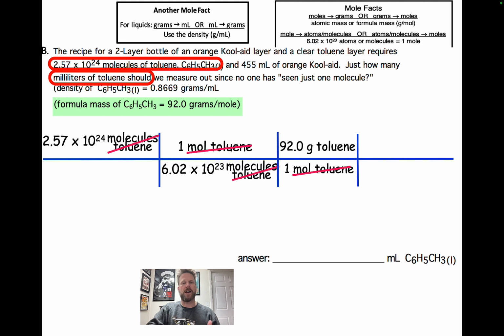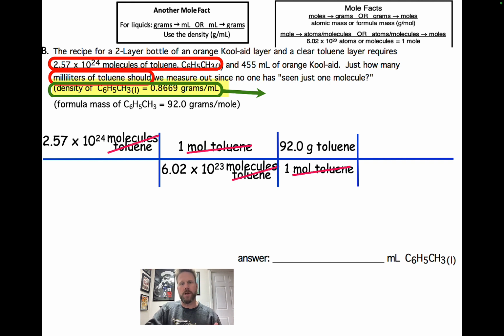We are supposed to find milliliters of toluene, not grams, so we must perform one more step. We were given the density in the problem, and we still haven't used it. Now is the time. Use the density to convert from grams to milliliters.